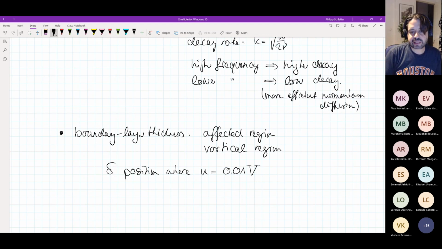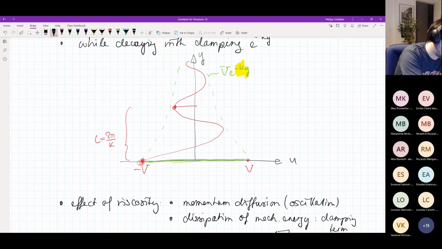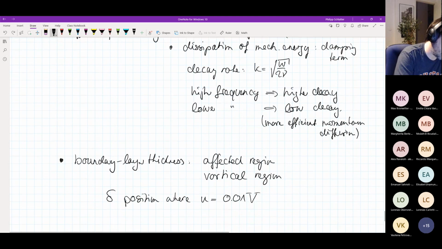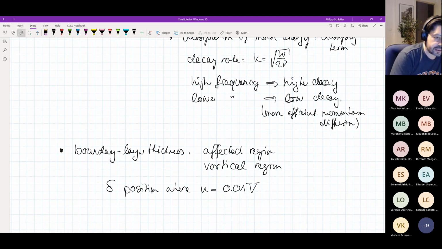And this essentially just relates to the damping term. So I can directly write that as a function of this exponential: e to the minus delta times k should be 0.01, or 1%.